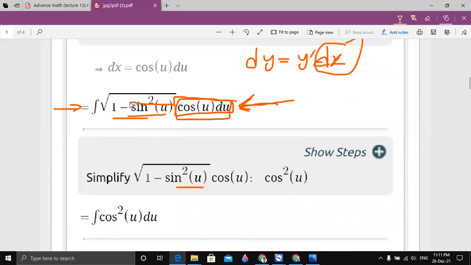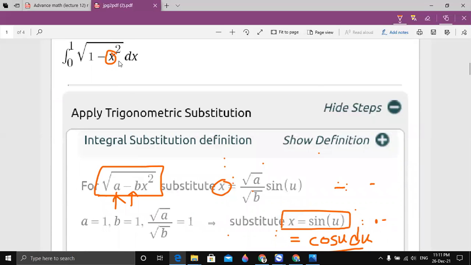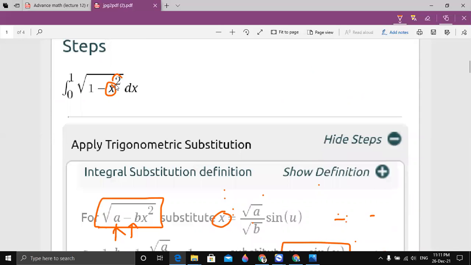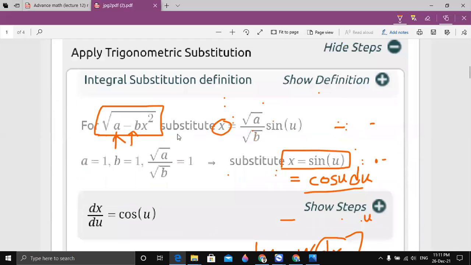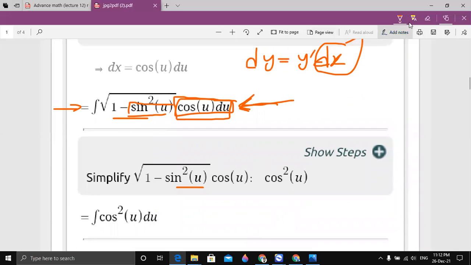But here it is x square, not x. So x square means sine u square, that means sine square u. And let's go to the next line.